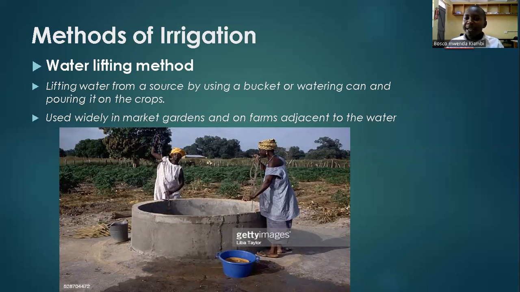It is also used in market gardens or farms that are next to the rivers. And then on that photograph, you can see there are those two women who are getting water from above and then watering those crops that are adjacent. That is one of the methods that we call the water lifting methods.